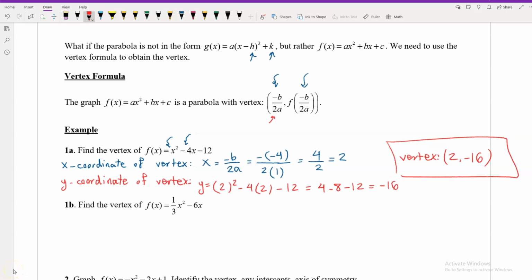Find the vertex of f of x equal to 1 over 3 x squared minus 6x. So here, in this case, x equal to -b over 2a. So b is the coefficient of x, and that is -6. 2 times a is 2/3. That's 6 over 2/3. So that is equal to 6 times 3 over 2, and that is equal to 9. Now finding f of 9.